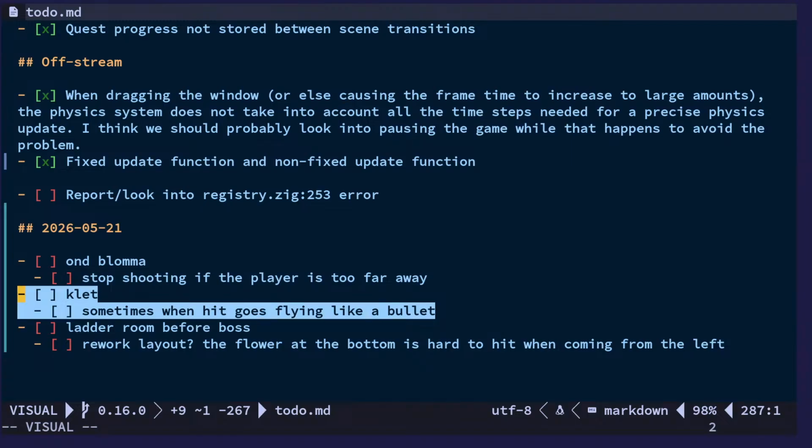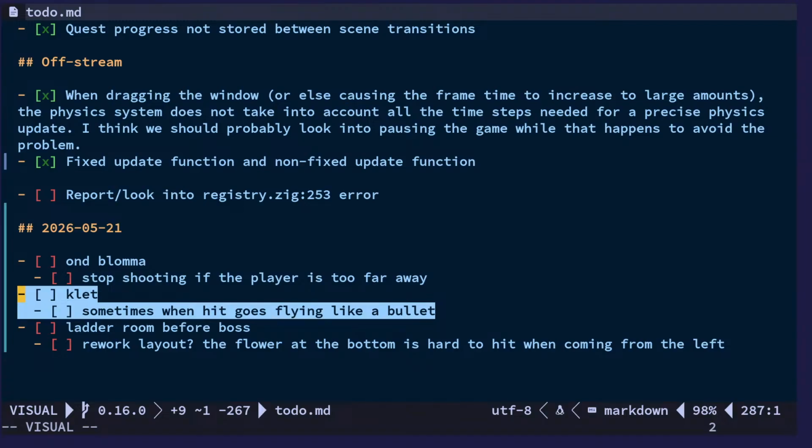Essentially, sometimes we have this monster called Klet, which is kind of like a living clay thing, and it bounces around, jumps around, and while it's jumping, sometimes if you hit it, it goes flying away very far or fast, faster than it should.